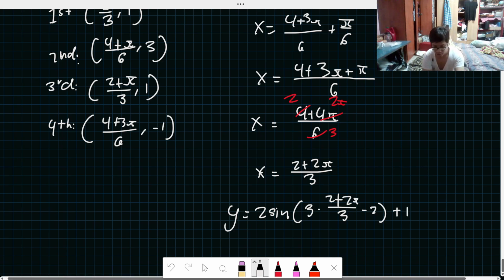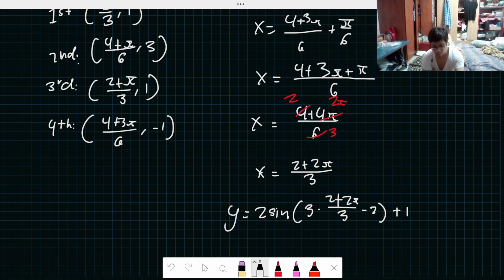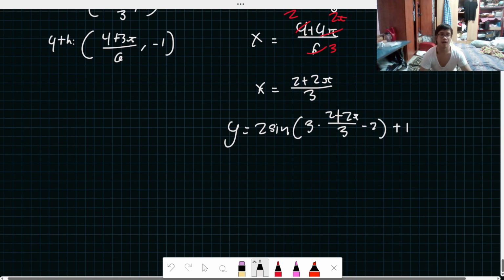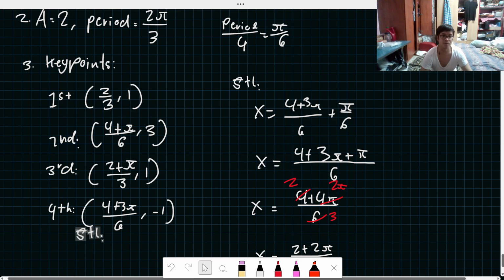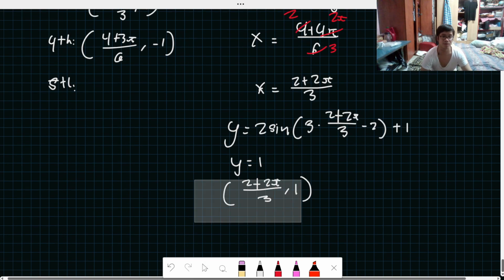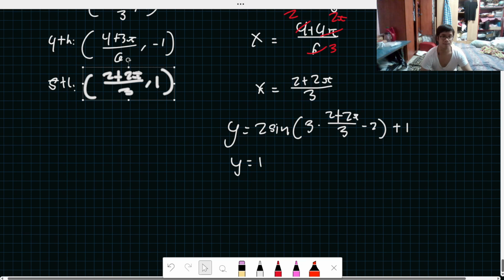By my calculator, the answer would be 1. Your y is exactly 1. So therefore, your fifth key point will have the coordinates of 2 plus 2 pi all over 3 and 1. That's it. So we're going to bring the fifth key point here.